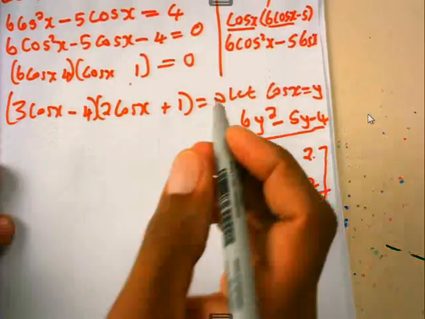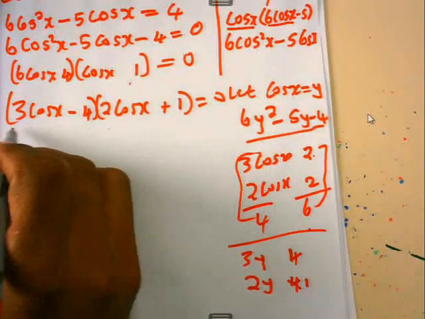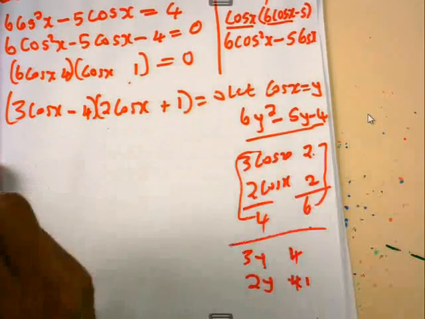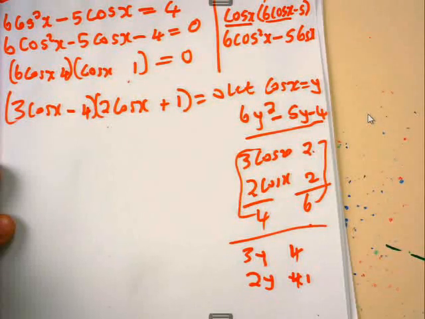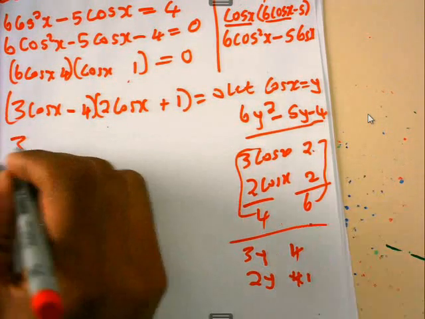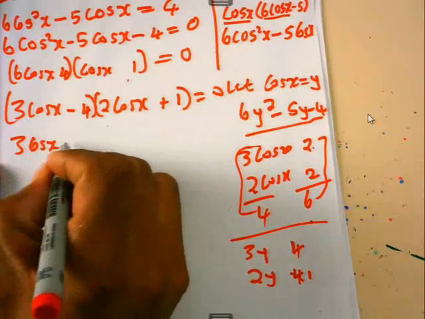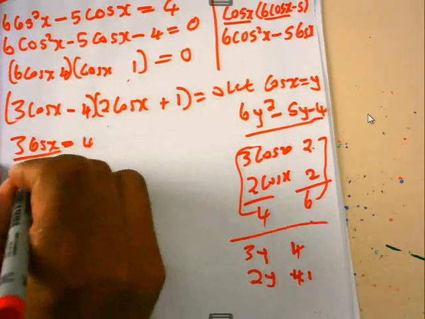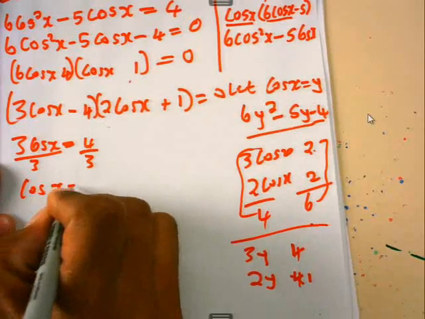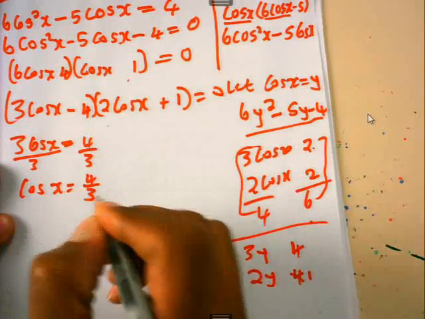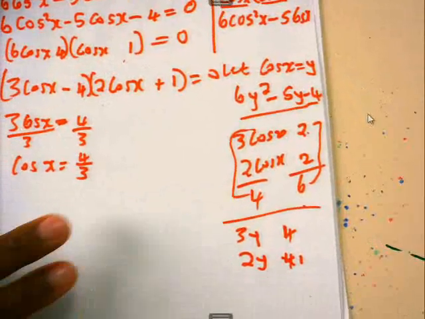Once you are at this stage, you can now say 3 cos x minus 4 is equal to 0. Then you transpose 4 to the other side. We have 3 cos x is equal to 4. Then we divide by 3, so cos x is equal to 4 divided by 3.